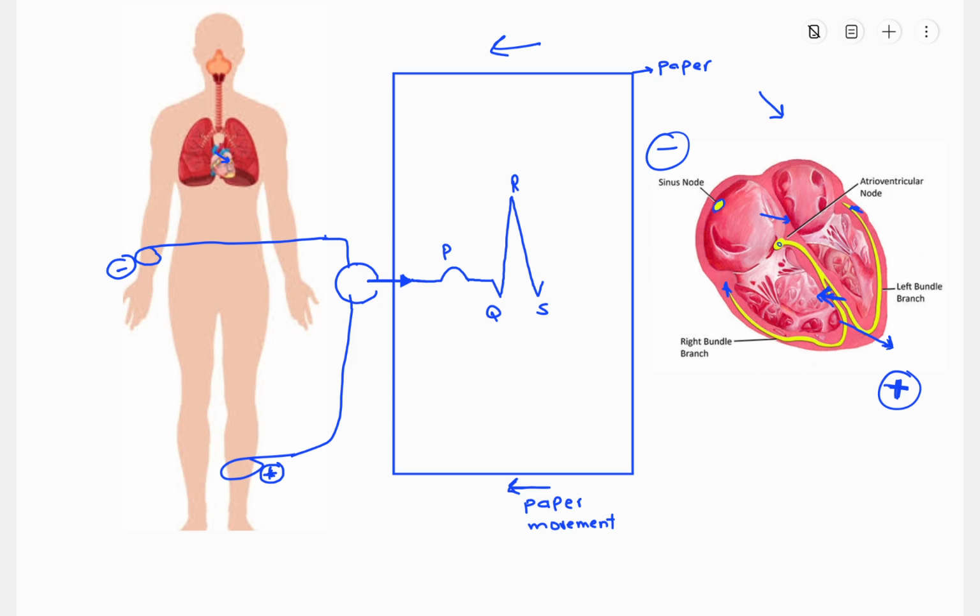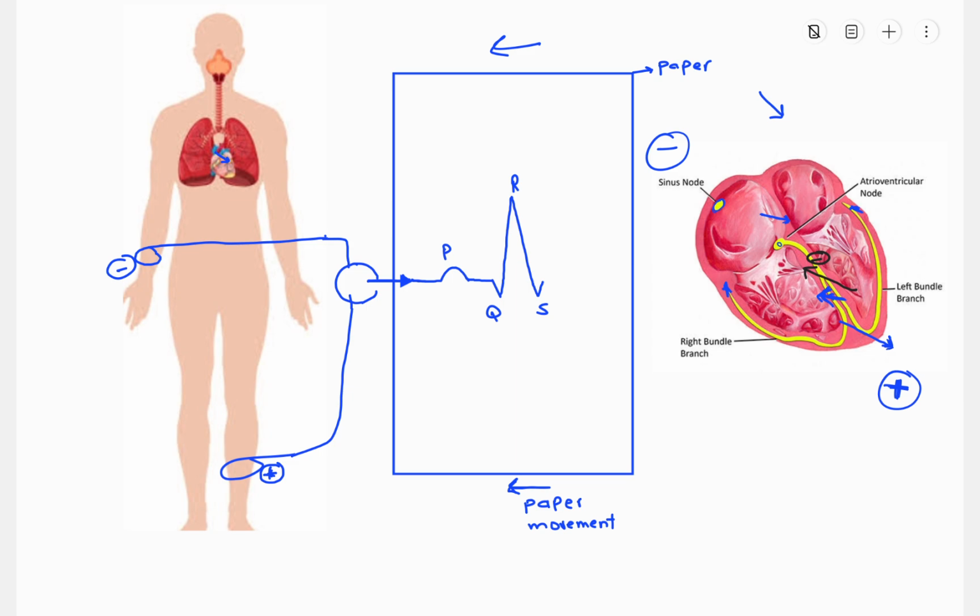So let us draw the repolarization vector of the ventricles. For the ventricle, the repolarization vector will be like this one. But the main thing is that all the vectors we drew were positive vectors going towards the positive. This is actually a negative vector, because when repolarization occurs in the cell, it goes towards the resting membrane potential. In that case, the anions are more inside the cell as compared to the outside, so it's the negative charge.